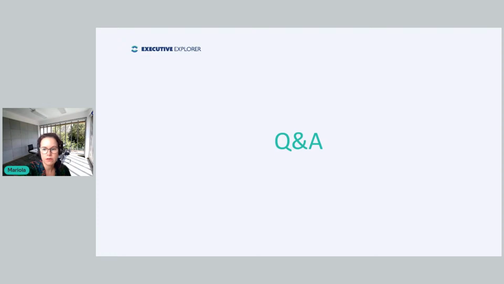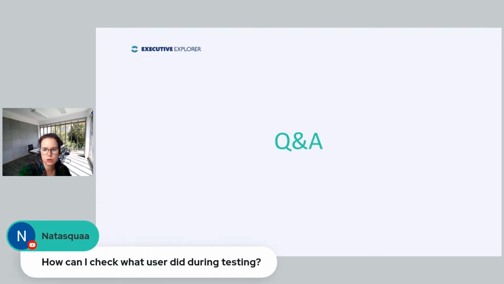Okay, I have one question. How can I check what the user did during testing? You probably saw it during the presentation. I can use the execution view to see what was clicked during the testing.